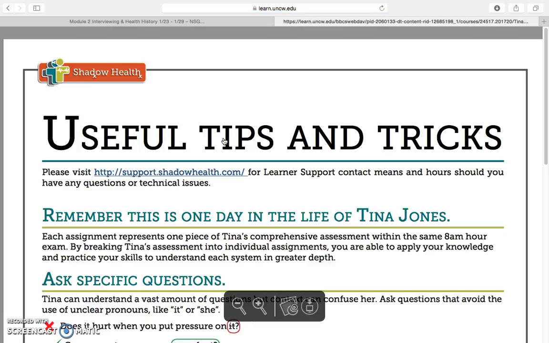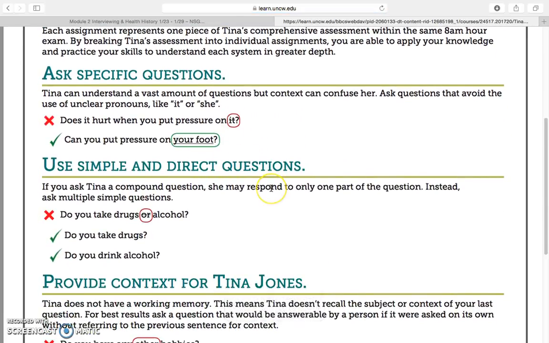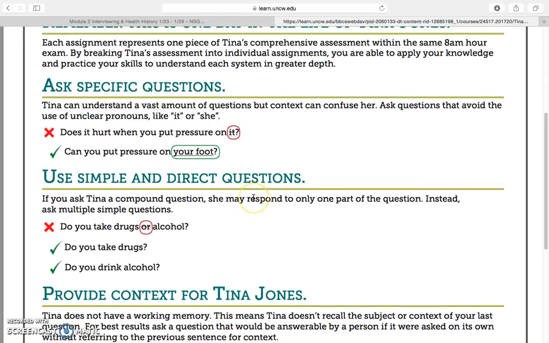Let's open that up. All right, so you'll have some information here that basically lets you know that it's really important to bring in context whenever you're talking to Tina in your virtual clinic. So, one example may be if you're talking to her about her foot hurting, you don't want to say, does it hurt when you put pressure on it? You want to really focus on bringing the context in. So, can you put pressure on your foot?